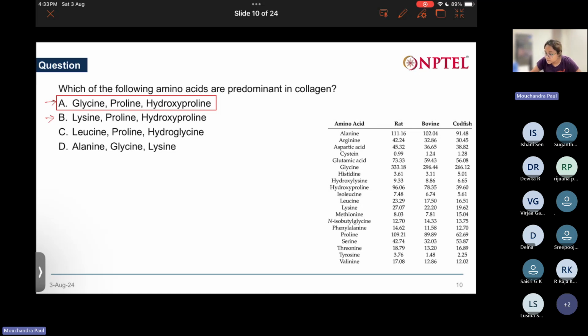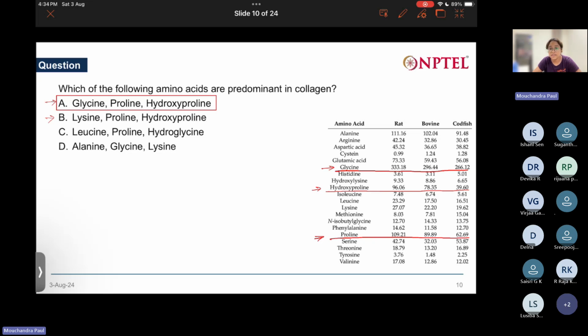So if you see here, glycine, then hydroxyproline, then there is proline.